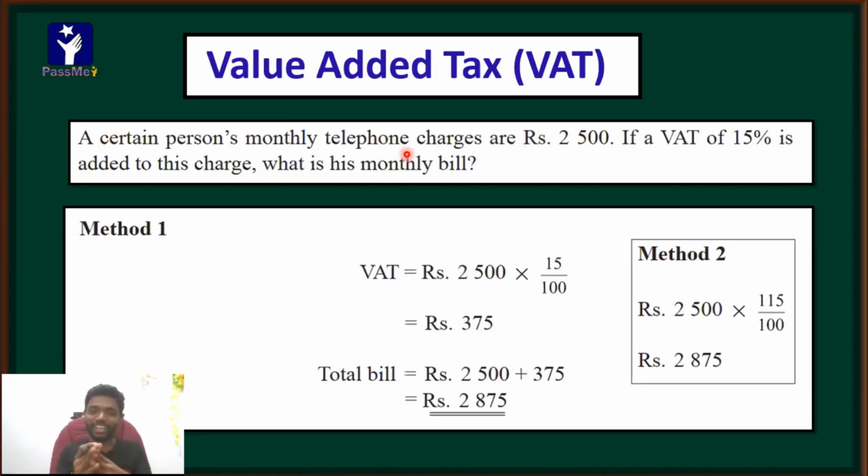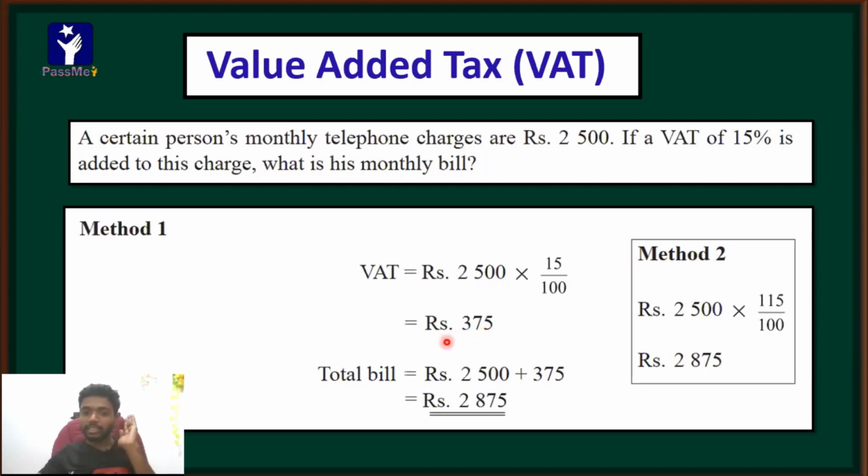VAT is everywhere. So this question says clearly VAT is 15% of your charge. So that means VAT is calculated by using these two numbers. That means you have to multiply 2,500, that is your actual phone charge, that is your actual phone bill, then multiply with 15% in order to calculate the VAT.